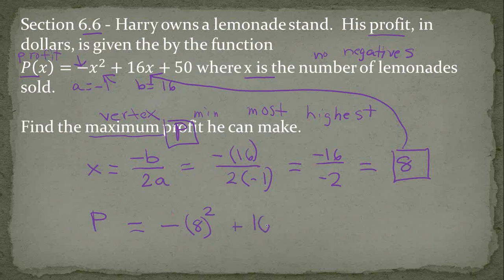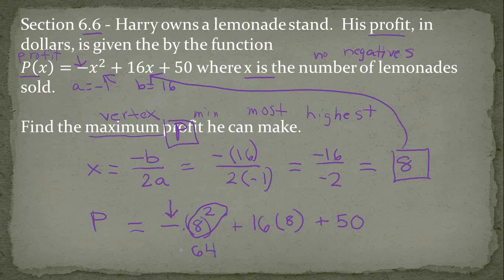This is one of the most missed questions on my final every year, and it's because of that negative sign in front. You can type this entire thing into a calculator, but the most common mistake is this sign gets lost. When you do the order of operations, you have to do the exponent first. 8 squared is 64.